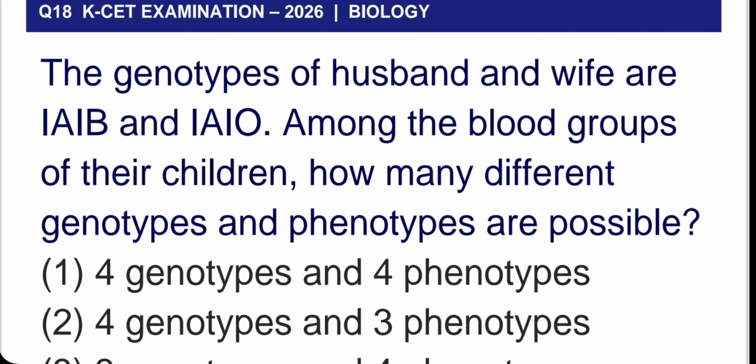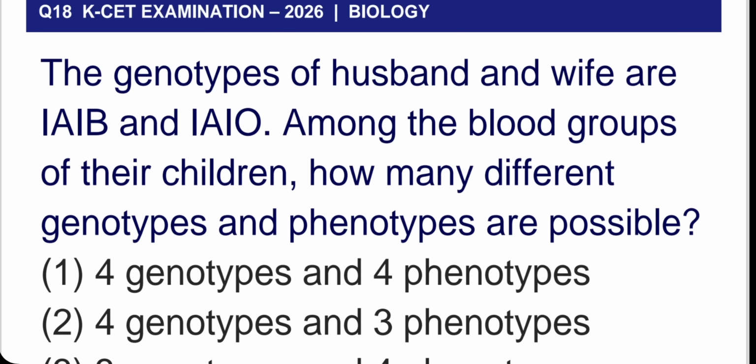A has 2 genotype possibilities, B has only 1 possibility, so 3 genotypes, and AB possibility is 1. So 4 genotype possibilities.